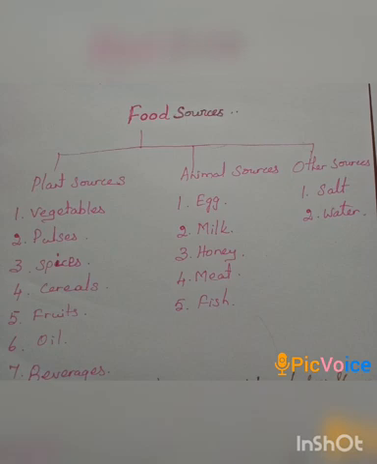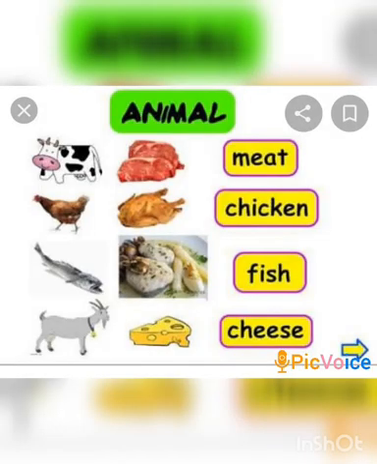The fourth one, meat. Main sources are sheep, goat, pig, hen, duck, etc. The fifth one, fish. You see the picture, these are animal sources: milk, egg, honey, meat, fish. Then other sources: salt and water.